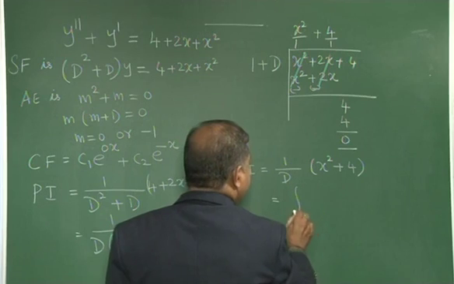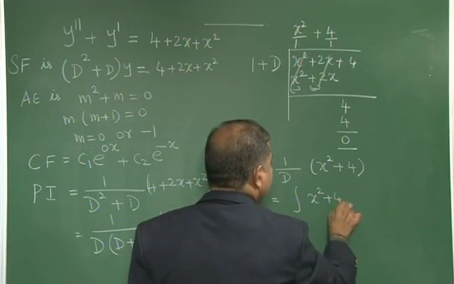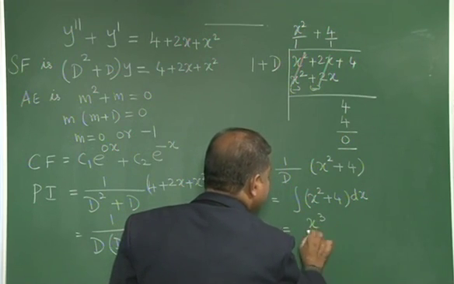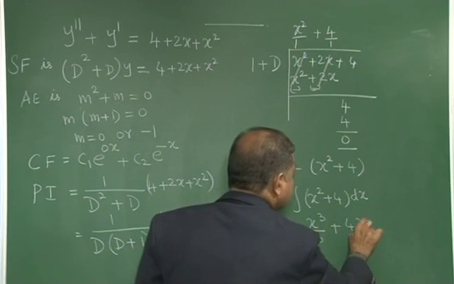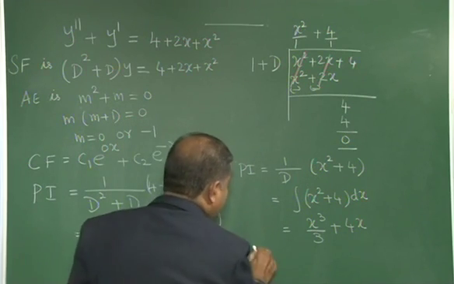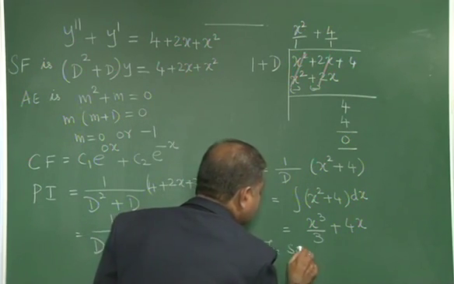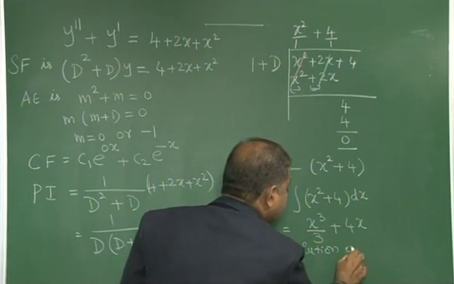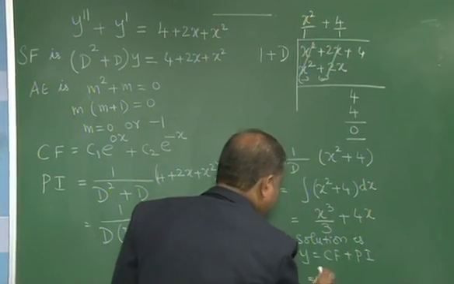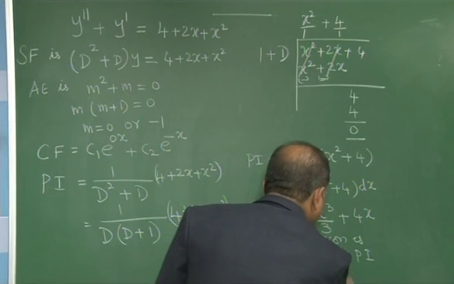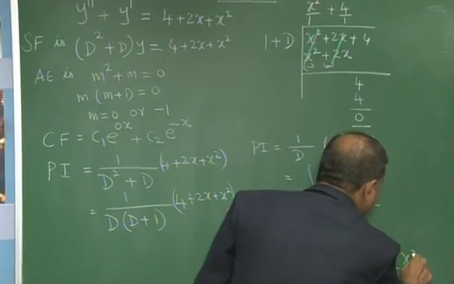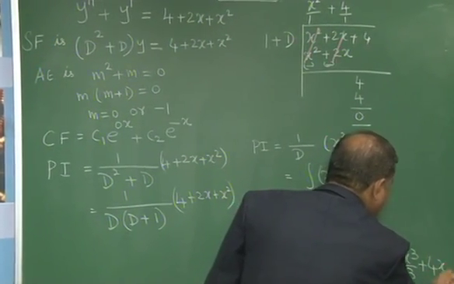Now the meaning of this is integral of x square plus 4 dx, integrated x cube by 3 plus 4x, no constants because constants are already available in CF. Therefore the solution is y is equal to CF plus PI, that is C1 e power 0x, C2 e power minus x plus x cube by 3 plus 4x.